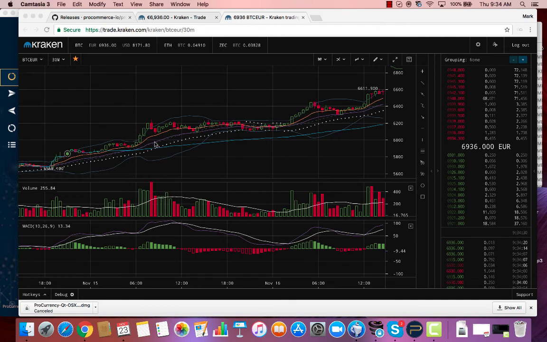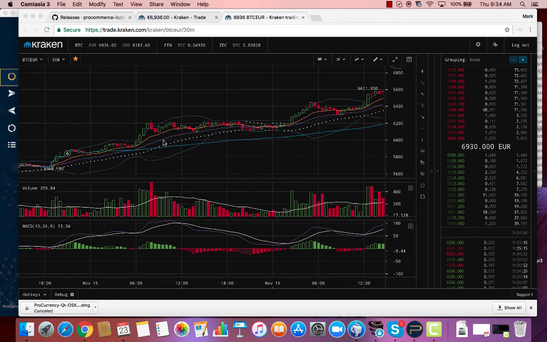The top line, the orange line, is a faster moving average, and it'll measure so many periods based on the chart that you're using. Right now you can see up here, I'm in the 30-minute chart, so each candle represents a 30-minute period of time.